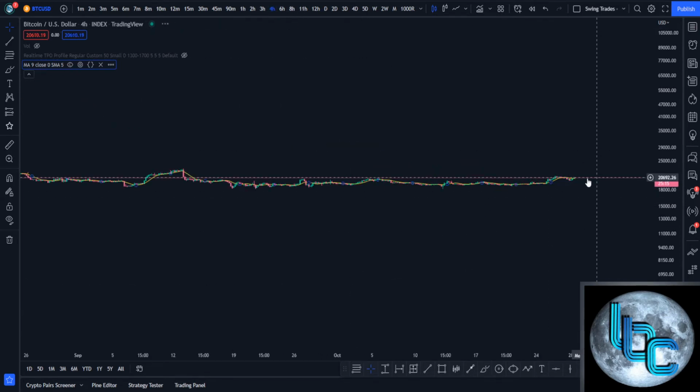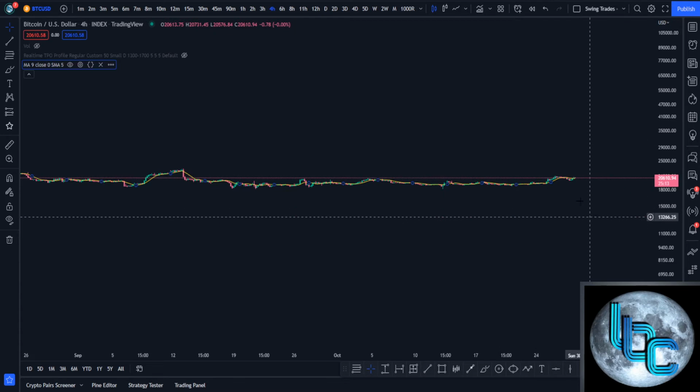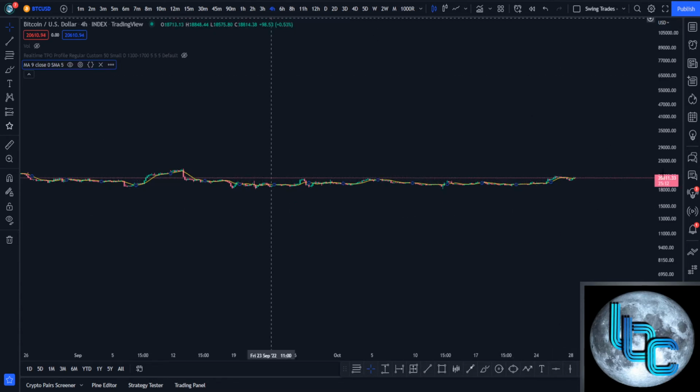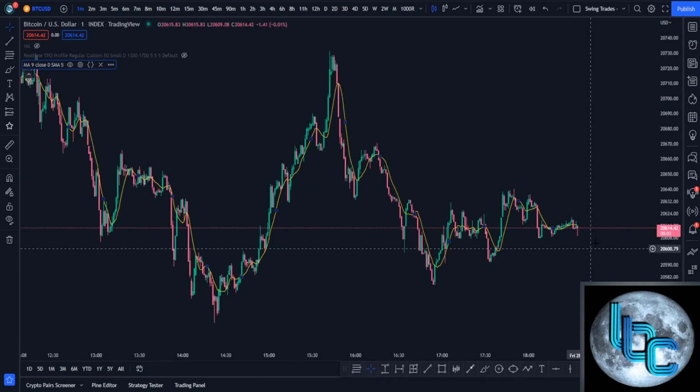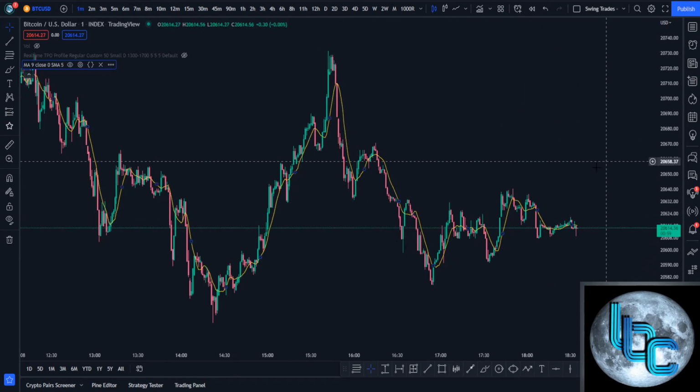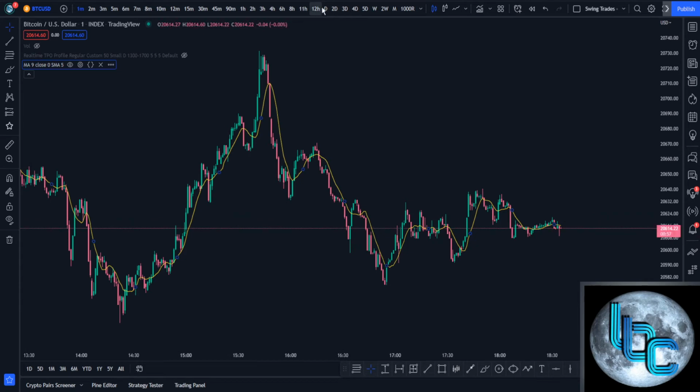Let's go down to the 4 hour. It's sitting at the current price basically. And the lower you go, the closer the moving average is going to be to the candles. So go back to the weekly.